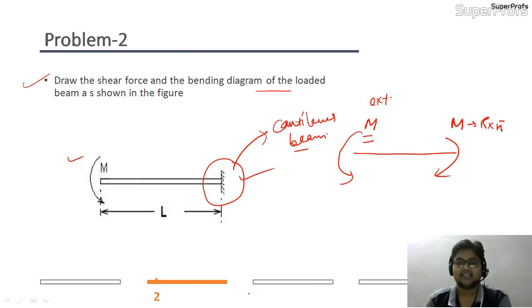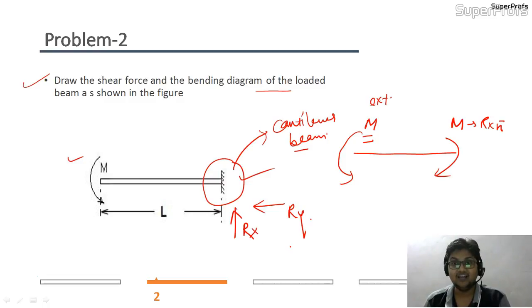In this case, for the sake of formalities, I will always draw the vertical reaction. Whenever I see a hinge, I will draw the two forces. Whenever I see a fixed support, I will draw three reactions: in the vertical direction, in the horizontal direction, and one moment.